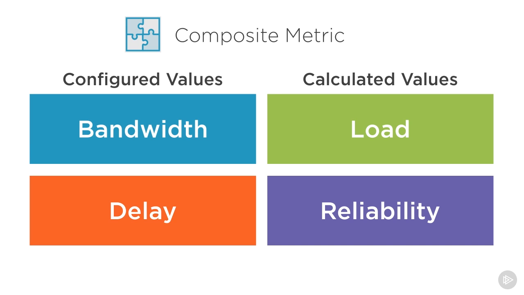And the reason is that since those values are dynamic and they change, we have no idea when EIGRP is going to have a topology change and recalculate the routing table. By using these calculated values, we run the risk of having EIGRP constantly updating the topology table and rerunning the DUAL algorithm.